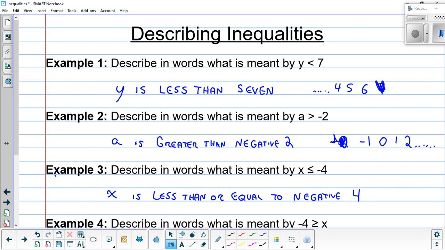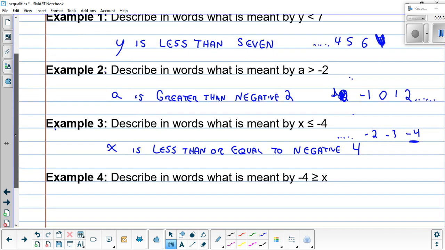These ones I find are actually easier, so we can list out -4, -3, -2, dot, dot, dot. And this time, it is less than or equal, so we can keep this -4, the starting number. So if it keeps going on forever, just indicate with a dot, dot, dot.